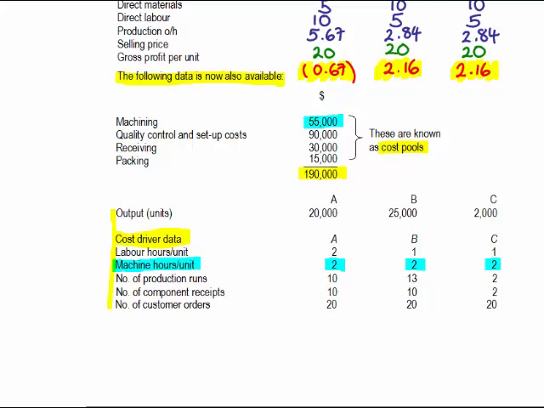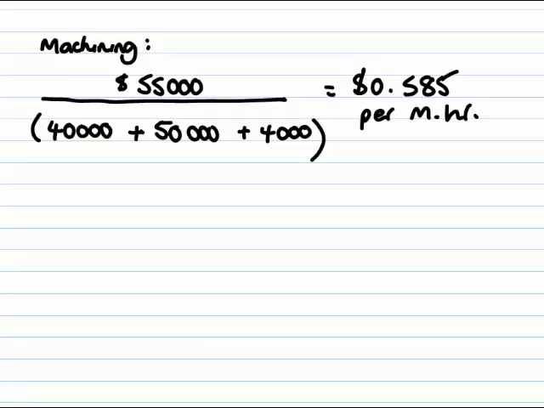Okay, let's go on to the next one, which is quality control and setup. So this is 90,000. Now the thing that's going to drive that is the number of production runs. This time it is in total, it doesn't say per unit, so this is the total production runs for all of those units of production. So all we need to do is add those together. So let's just call that QC and setup.